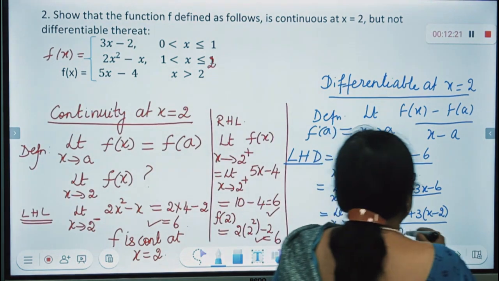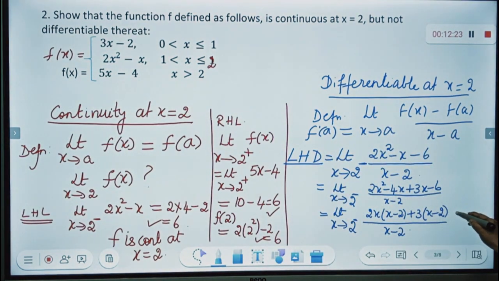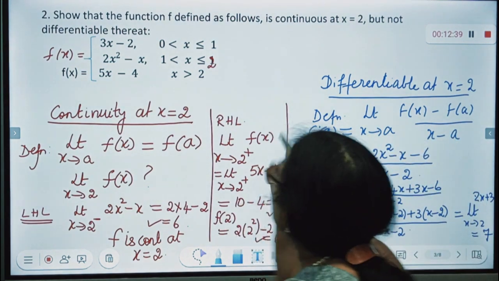So now x minus 2 is common, so it gets cancelled, giving you limit x tends to 2 of 2x plus 3. When I put x equal to 2, I get 4 plus 3, 7. So the left hand derivative is 7.